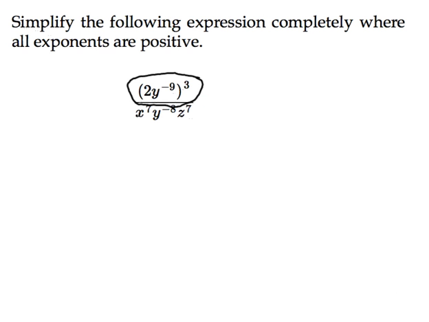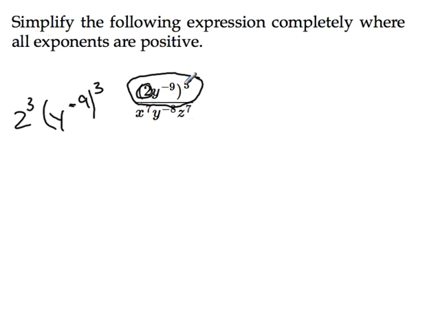Actually, before I use that rule, let me explain something to you. So 2 times y to the negative 9th inside the parentheses raised to the third power. It's like saying 2 to the third power, because you got to take that 2 here and raise it to the third power, and you got to take the y to the negative 9th and also raise that to the third power.